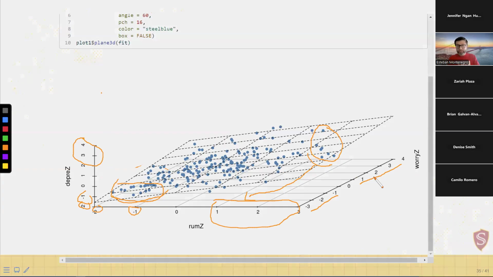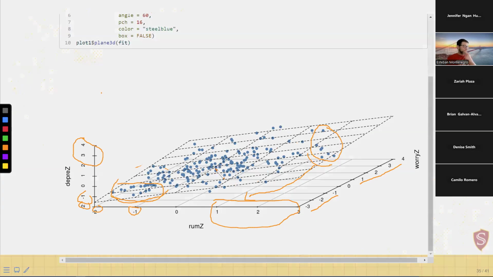So they worry a lot, they ruminate a lot, and they are depressed, right? So it makes sense that they are here. They are cases that are a little bit more extreme in that sense. They are not extreme cases, but compared to the average person, yeah, they are located right here.